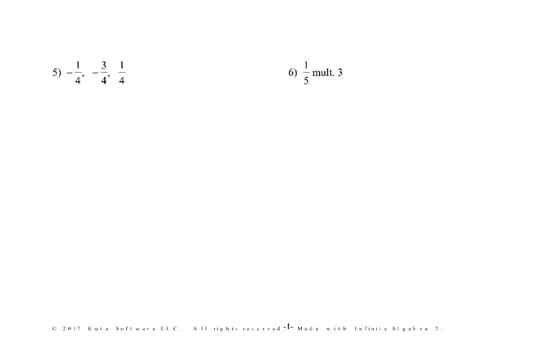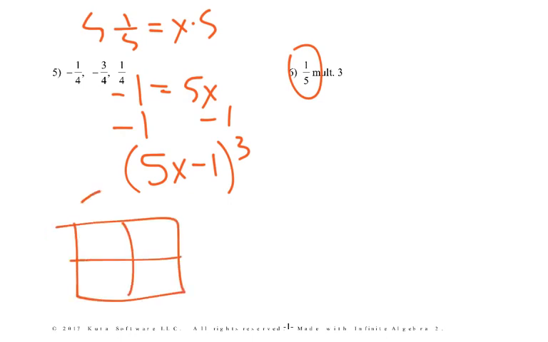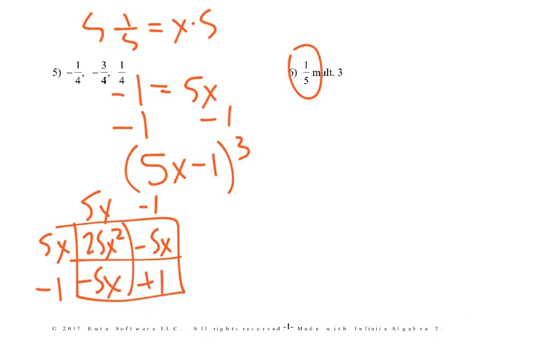Okay, now number 6, we've got 1/5, so that would be times by 5. We have 1 equals 5x, subtract 1. So we get 5x minus 1, and that's cubed. Okay, so the first one, we do 5x minus 1, 5x minus 1, 25x squared, minus 5x minus 5x plus 1.